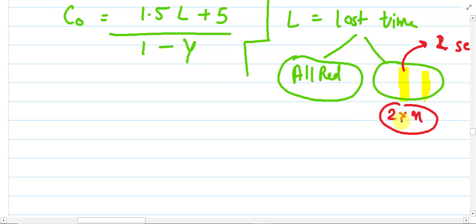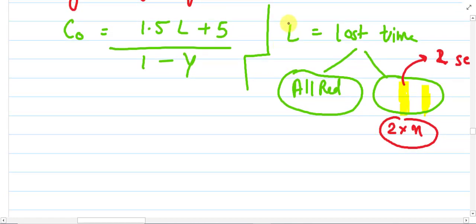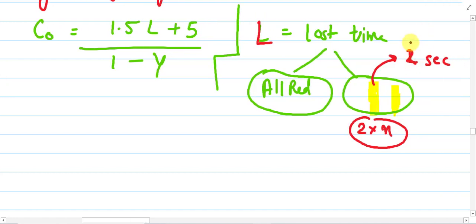But you have to know that if in the question the amber time is changed from 2 to 3 seconds or 2 to 4 seconds, then this will be 3N and 4N like this. So don't be confused.